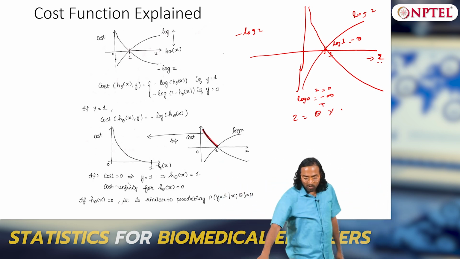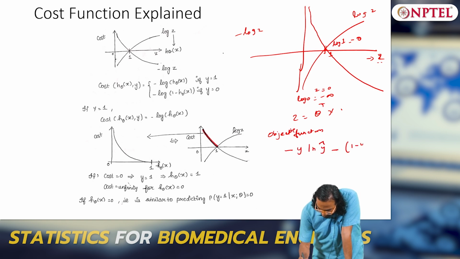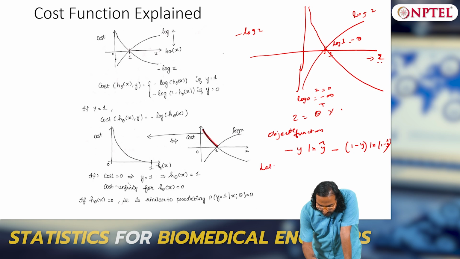Now your objective function is minus y ln y hat minus (1 minus y) ln(1 minus y hat), agreed. Let us consider y equals 1.